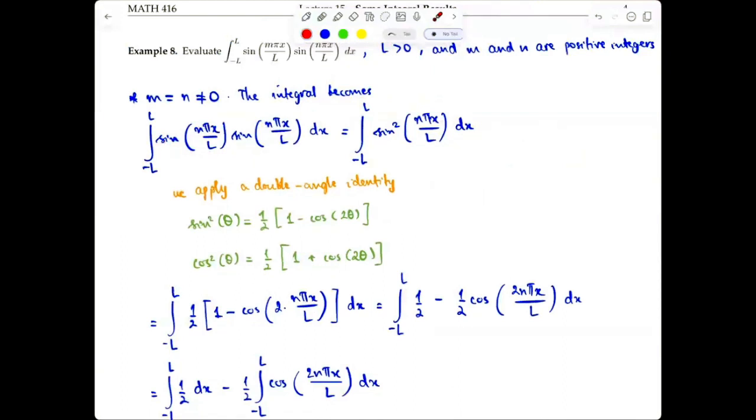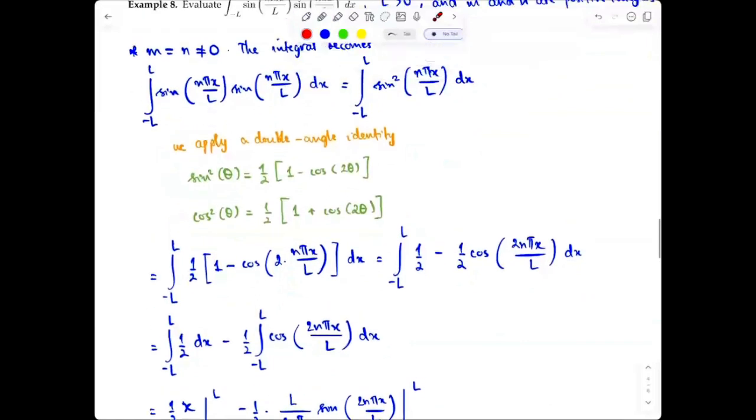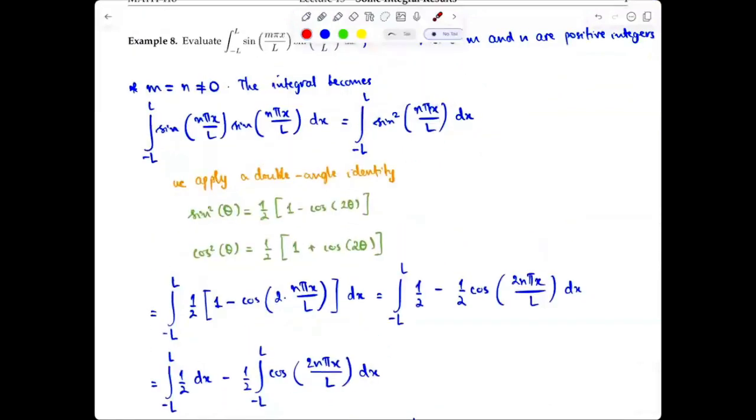The only thing that I care about in terms of evaluating even or odd functions over a symmetrical domain is that the integral of an odd function over a symmetrical domain gives you a more straightforward answer, which is 0. But for the case of an even function, if you want to switch to 2 times the integral from 0 to L and then evaluate the integral, that is totally fine. Or if you want to keep the full domain from negative L to L, that is fine as well.